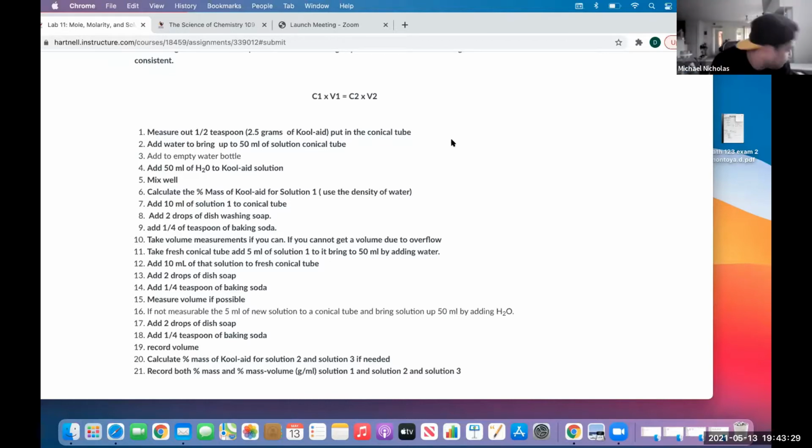You add the soap? Yeah. Did you use Kool-Aid? Yeah, and 10 mLs of water. What kind of water did you use? Just the regular water bottle? Sink water.